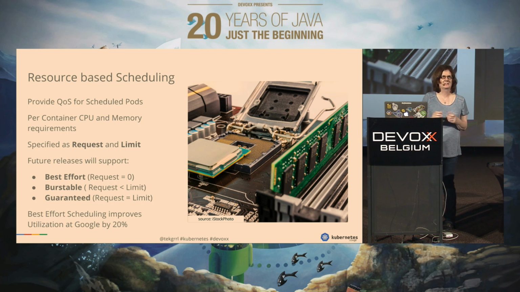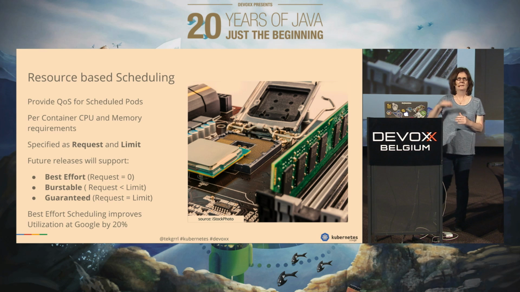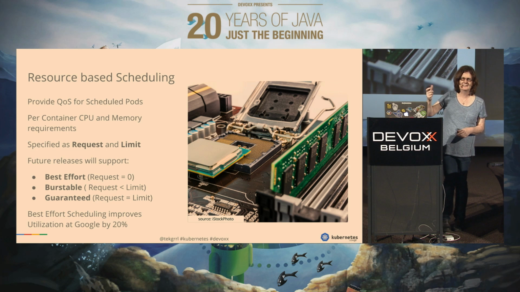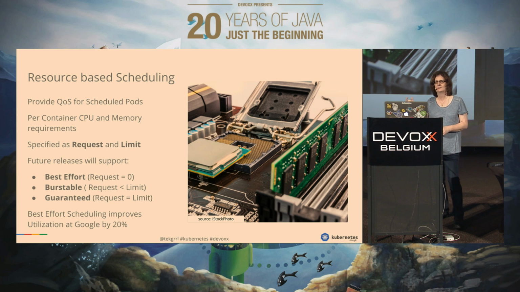So these will run eventually, but only when something else comes off of the cluster. The next one is burstable, where we have a request and we have the limit. The request basically says, this is what I expect to use, but it is allowed to use up to here, and it can peak if it needs to. That's what we call burstable. So that would be the second class of QoS.